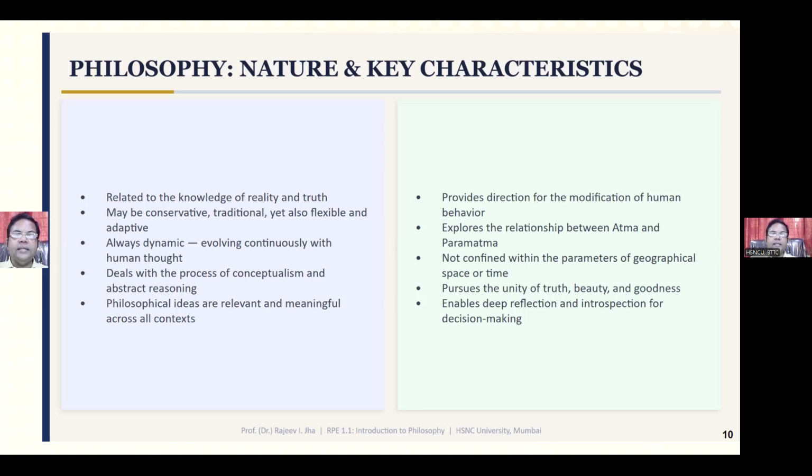Philosophy even addresses the relationship between Atma, the individual self, and Paramatma, the universal self or absolute consciousness. This is not merely a religious question. It is a philosophical one about the nature of identity, consciousness, and the relationship between individual and cosmos.